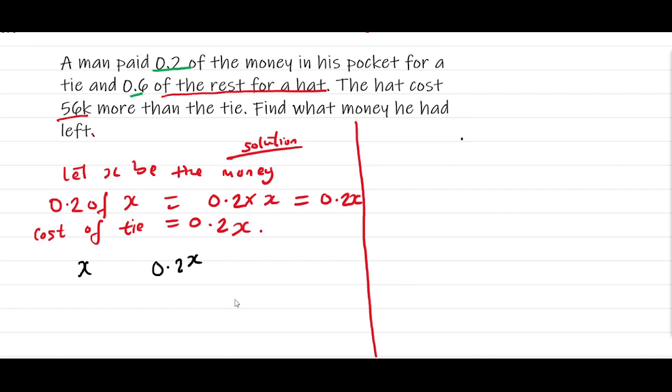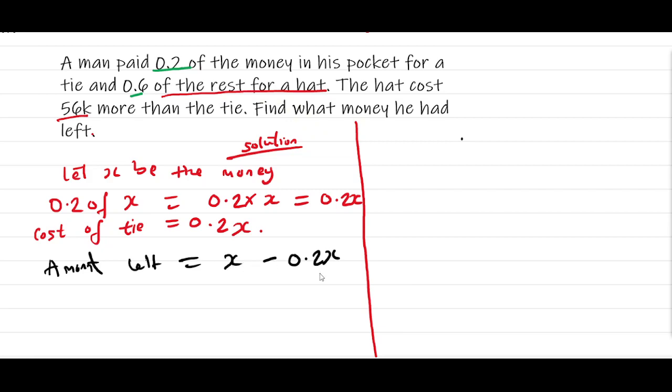So after buying the tie, the amount left is x minus 0.2x.